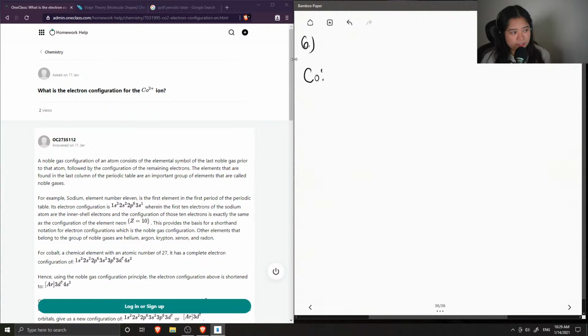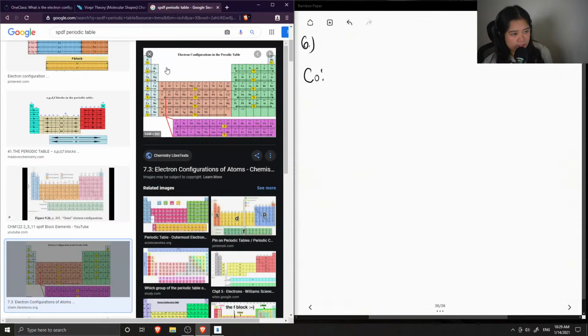So when we write the electron configuration of an ion, I first like to find out what the electron configuration is for just a neutral cobalt atom in its ground state. So let's just find the electron configuration of cobalt in its ground state first. So you can find cobalt here, atomic number 27.